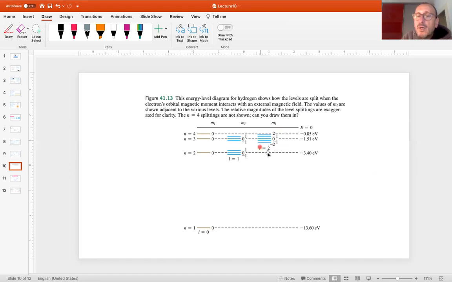It's probably larger than 100 Tesla to actually make a figure like the one being shown here. It's shown like that just for clarity, to show that you can split the levels in the way they are. But really you would need a superconducting coil to produce a field this high.